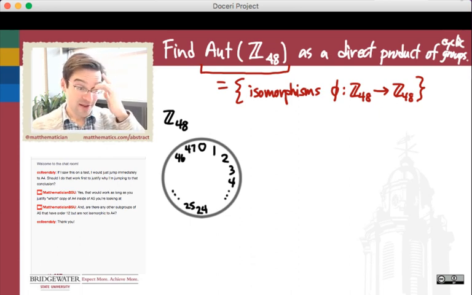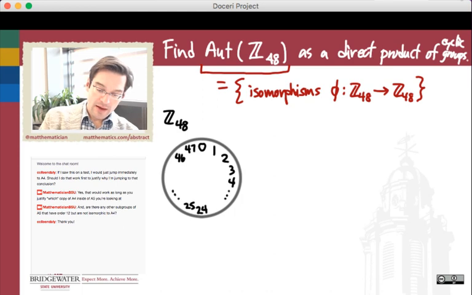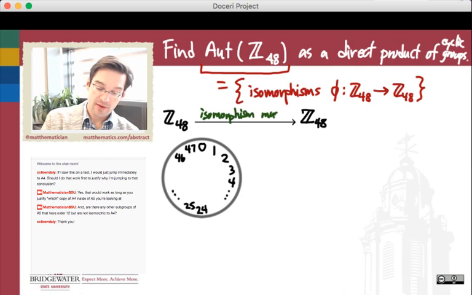So my clock would look something like this. Now, if I have an isomorphism from this group to itself, because these groups are cyclic, we know this key fact: an isomorphism of a cyclic group must send a generator to a generator.